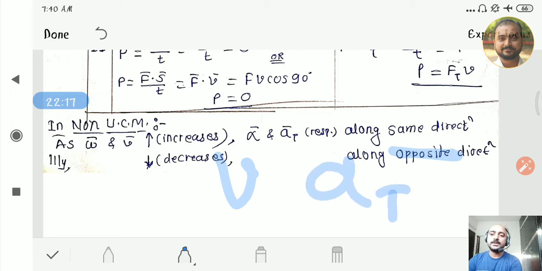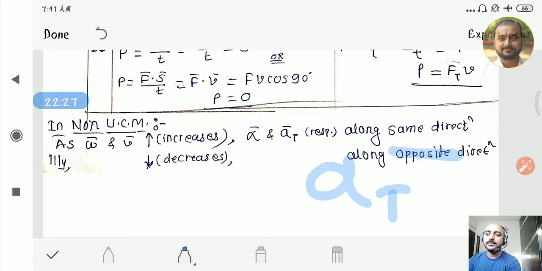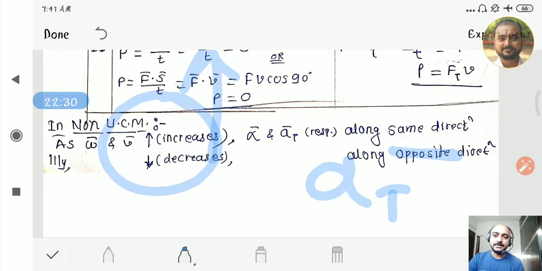In both cases, as v increases, the tangential acceleration is in the same direction, but when the value of v decreases, the tangential acceleration is opposite to the velocity. So in this manner, this is about the directions.